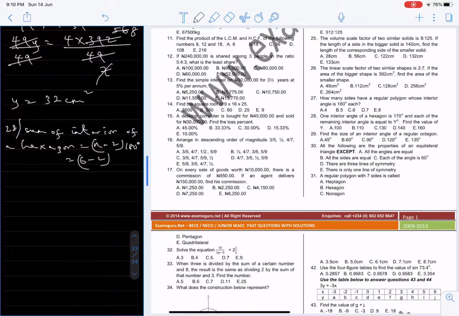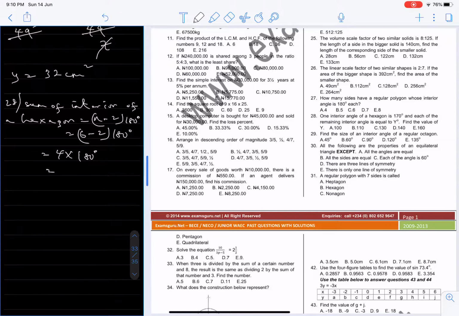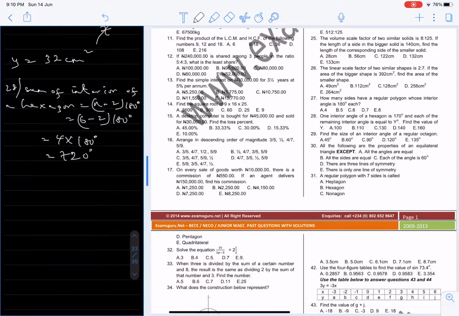That's 6 minus 2 times 180 degrees, which is 4 times 180 degrees, and that's 720 degrees. So they said one angle is 170, and each of the rest is y.